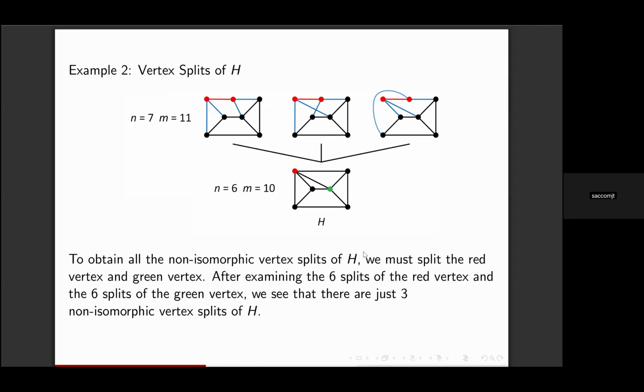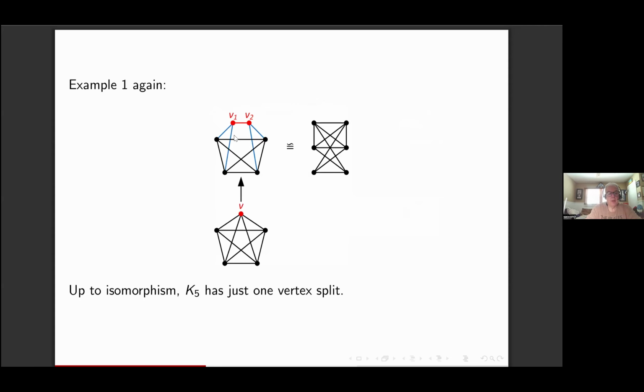When you do the vertex split like that, do we have the neighborhood of the original vertex that you split? The V1 and V2 neighborhoods are disjoint, right? In other words, it's a partition essentially of the original neighborhood.